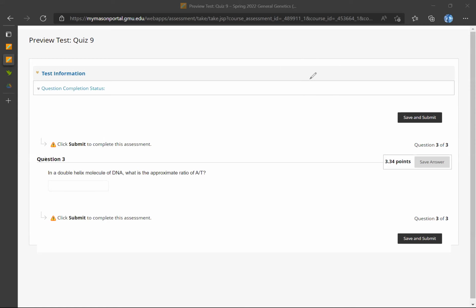We can have mutations. This was originally ATTC, which obviously connected with G. But let's say that this guy mutated.